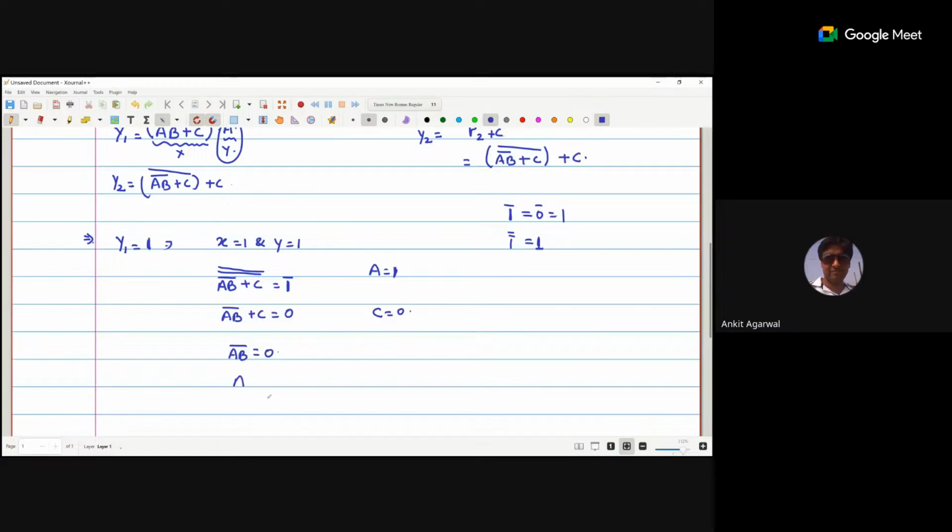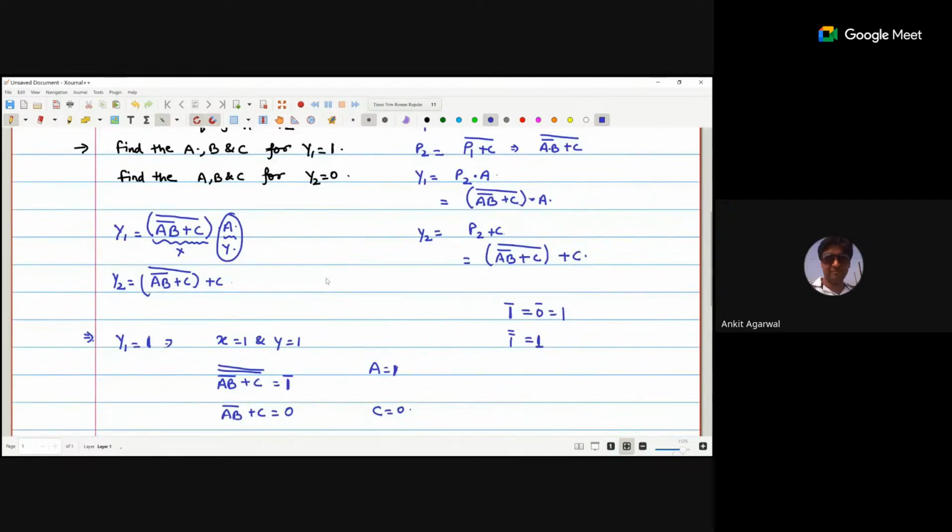That means AB is equal to 1. Again take one more invert, so AB is equal to 1. A we already know is 1, that means B should be 1. Then AB is equal to 1. So in this way we can solve.